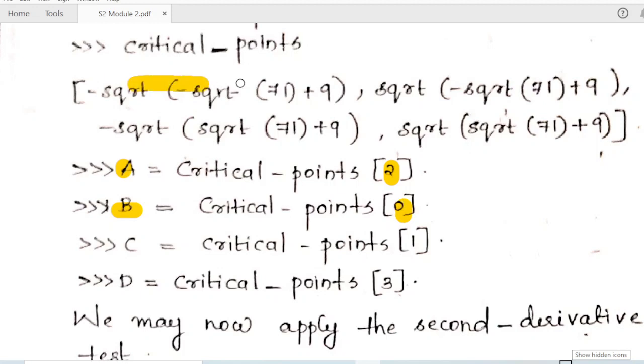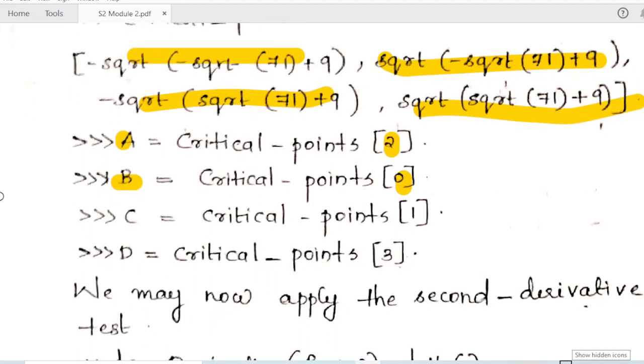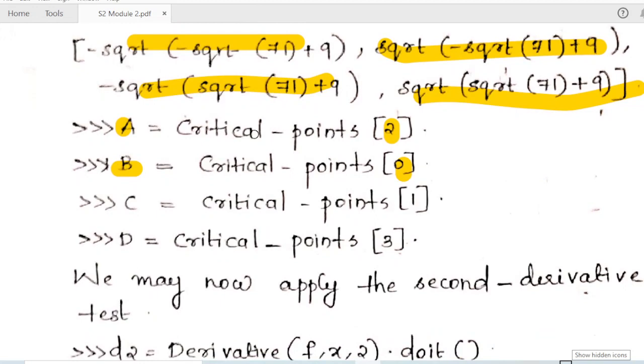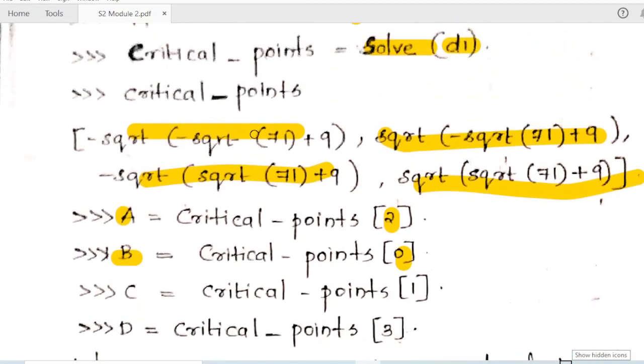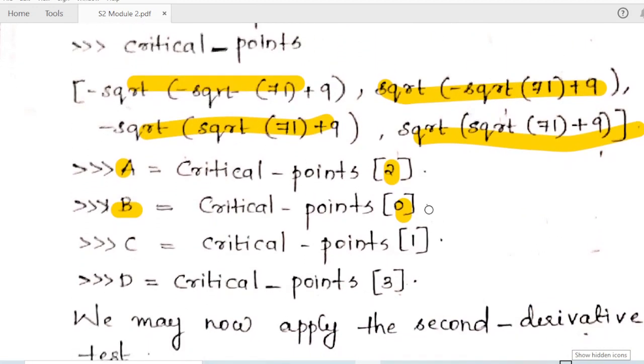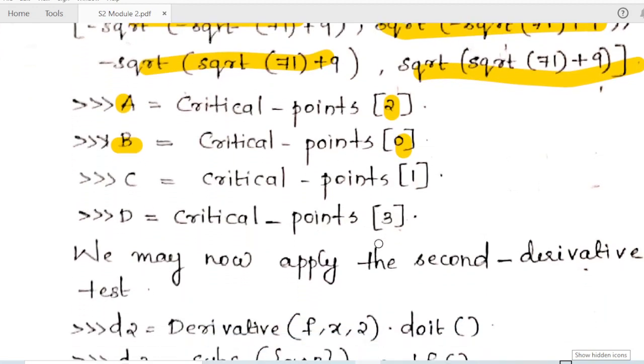This is point B, this is point C, this is point A, and this is point D. So we take A equal to critical_points[2], B equal to critical_points[0], C equal to critical_points[1], D equal to critical_points[3].